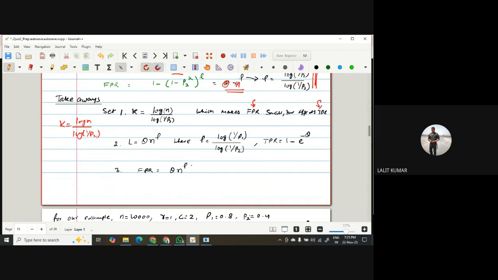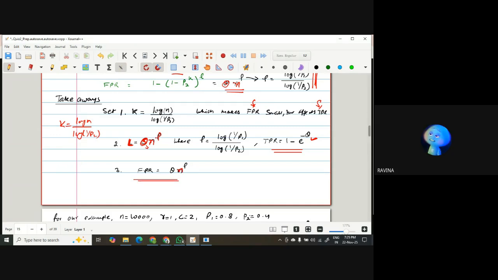Now to solve this, you find the number of tables, which is equal to theta n to the power rho, where rho is log 1 by p1 divided by log 1 by p2. Based on your theta value, you can select the number of tables. And in this case, your TPR becomes 1 minus e to the power minus theta, and FPR is nothing but theta n to the power rho.